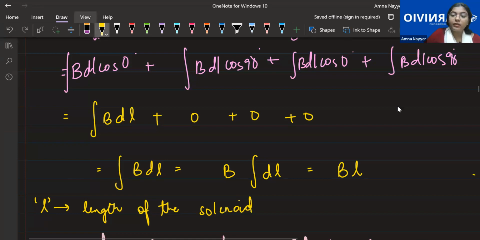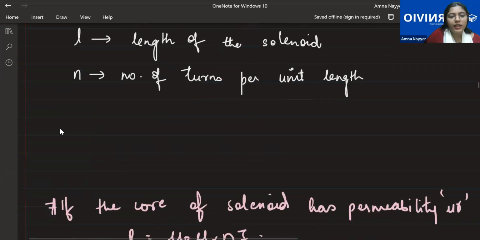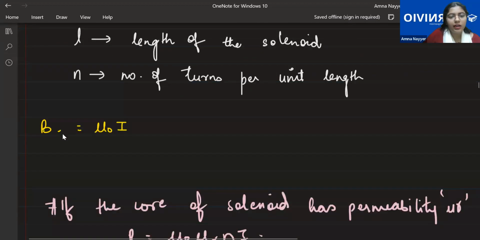Now we have to equate it with mu naught I. So when you equate it with mu naught I, from this side, what do you have? B into L. This is what we have already solved, and this is mu naught I, the formula.